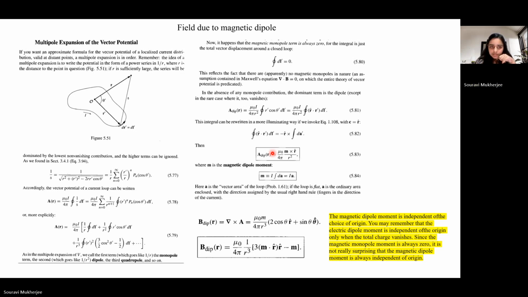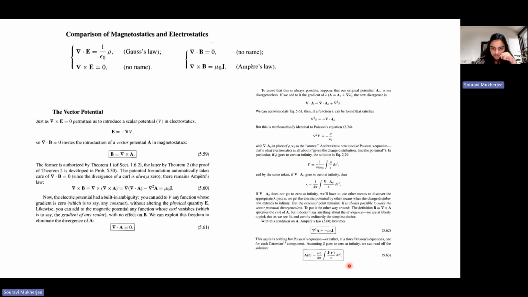Okay, now if you have some distribution of charges or some distribution of currents, this is how the expression of your vector potential looks. So you have this 1 by r term.